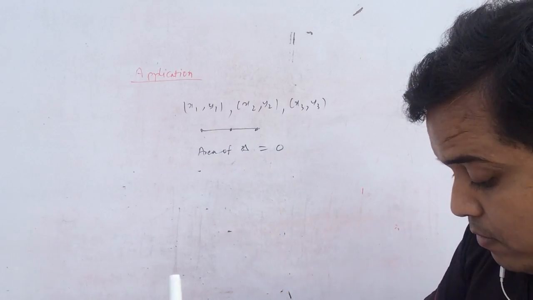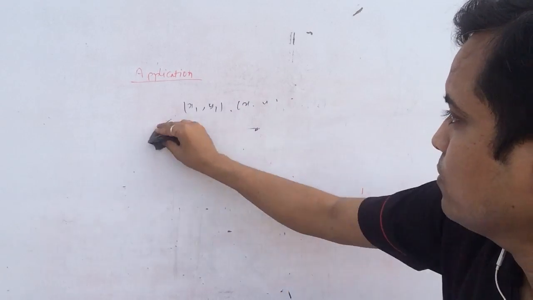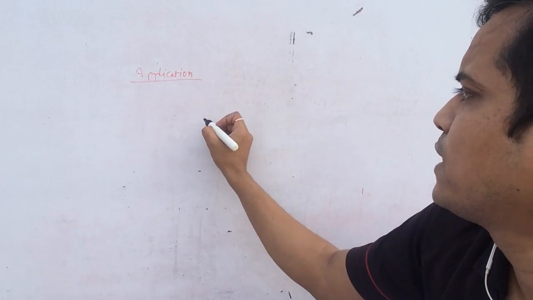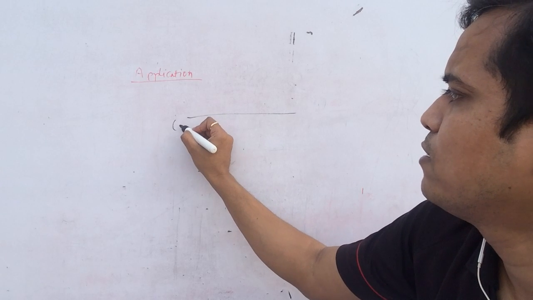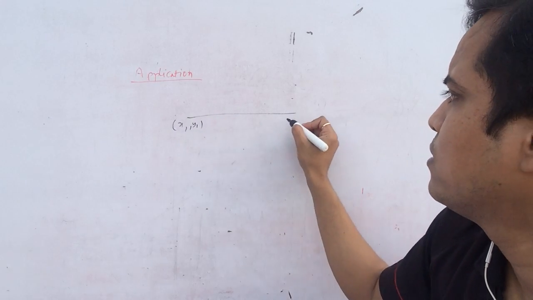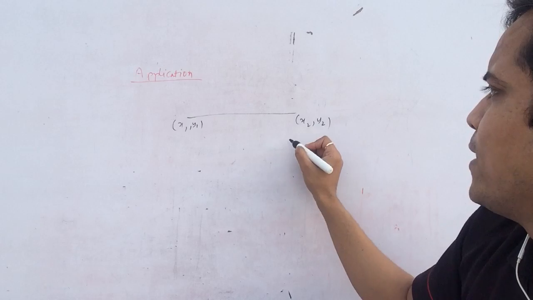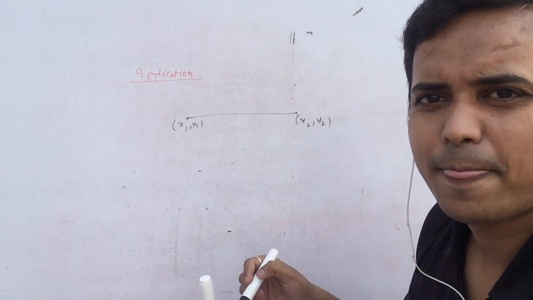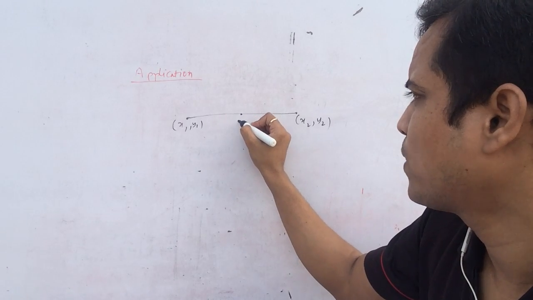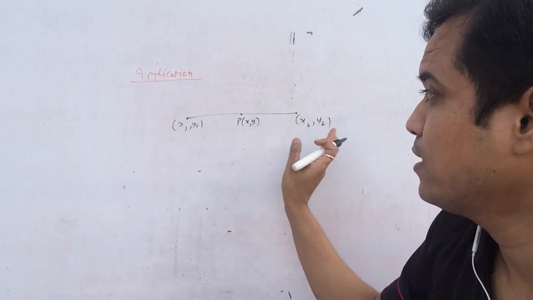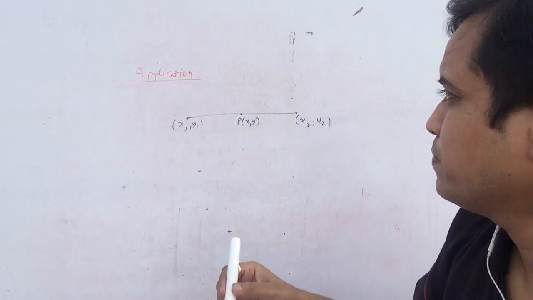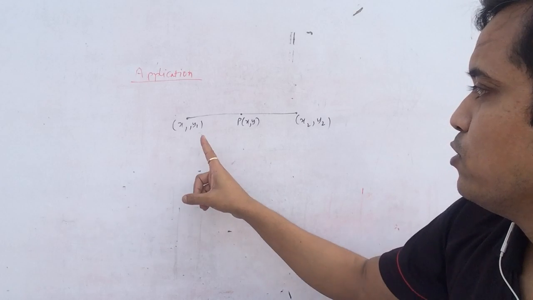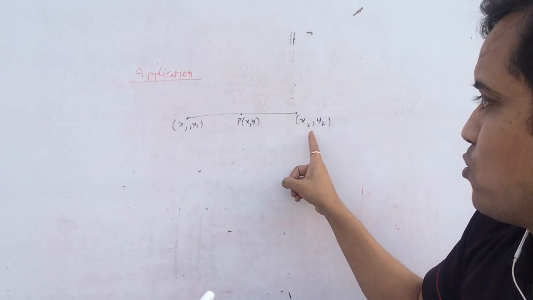That means they are on the same line, so the area of the triangle would be 0. All right, next one is the equation of a straight line passing through 2 points. Let the 2 points be x1 y1 and x2 y2.